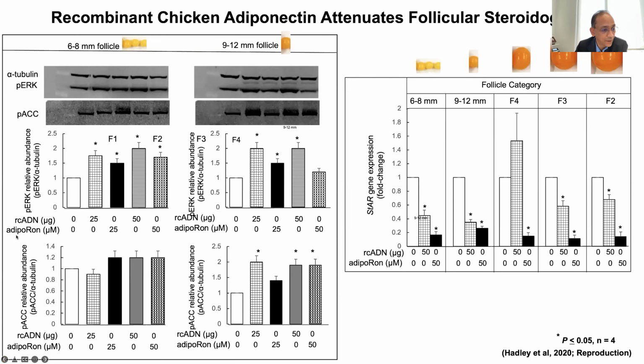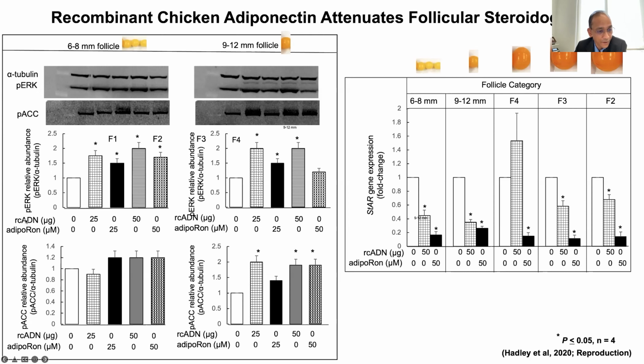So we tested the recombinant chicken adiponectin. The take-home message is that in every follicle, you can see the signal transduction goes in such a way to reduce steroidogenesis. And an important gene that is required for cholesterol transport into mitochondria for steroidogenesis is also affected.